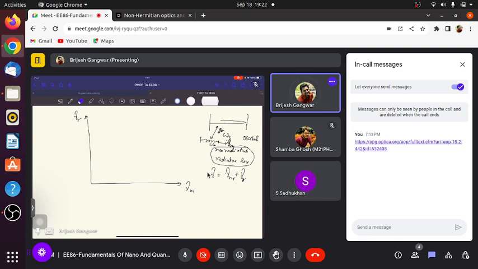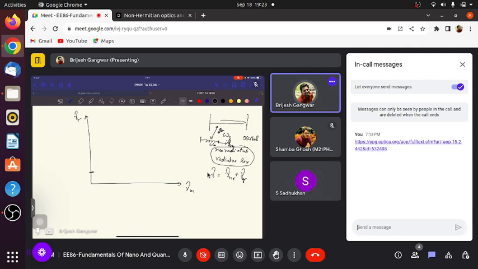So what will happen? See, gamma r is equal to gamma nr plus gamma r, right? And gamma nr will be some constant value on the y-axis.